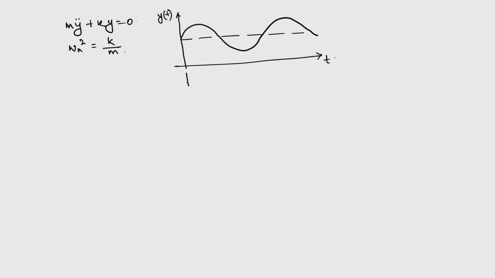Obviously, we can identify the time period T, and T is equal to 2 pi by omega n, and we can also write this expression as 1 by f, where f is equal to omega n by 2 pi. So, f is also the frequency, it is in unit hertz.